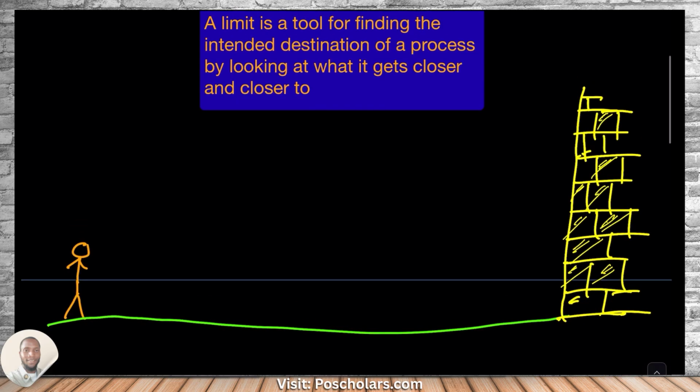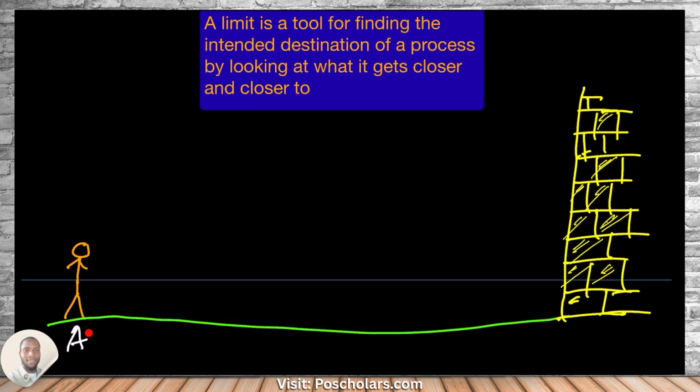Let's use this illustration again. This is Adam. Adam wants to walk from point A to this wall. Now, let's use a particular rule. That rule is what limit is all about. The rule guiding Adam walking from point A to the wall is that Adam will continue to walk half the journey.